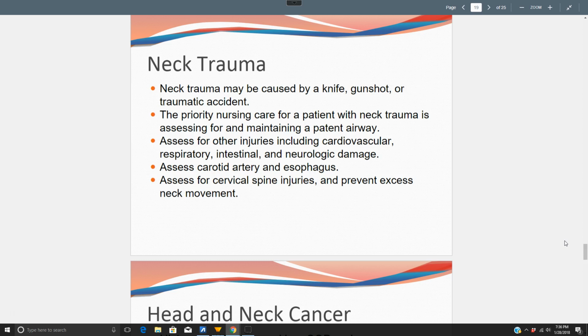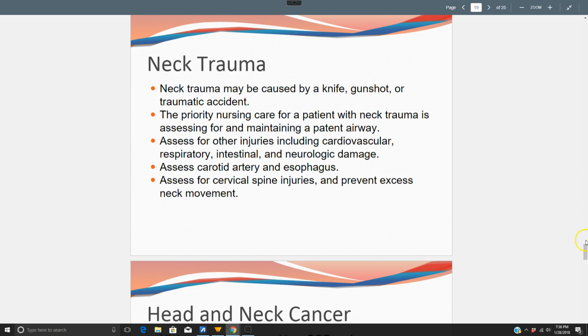We don't want to make these problems worse, so if they need some type of CPR, be very careful about that maneuver of the head tilt for patients with a possible cervical spine injury.